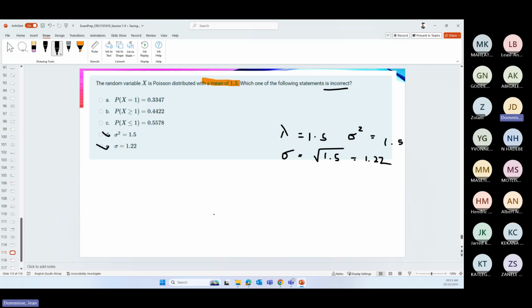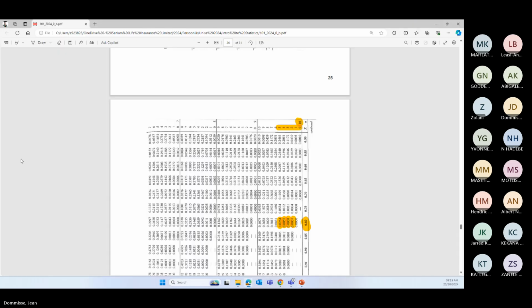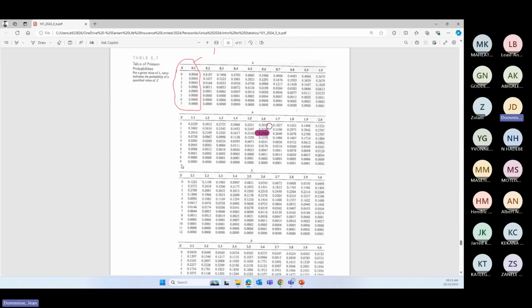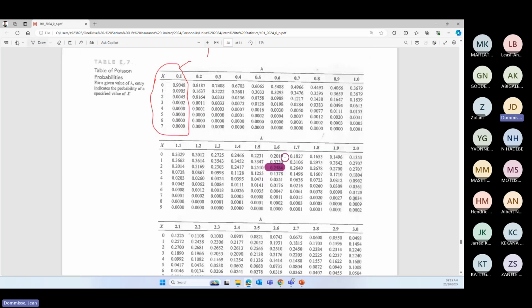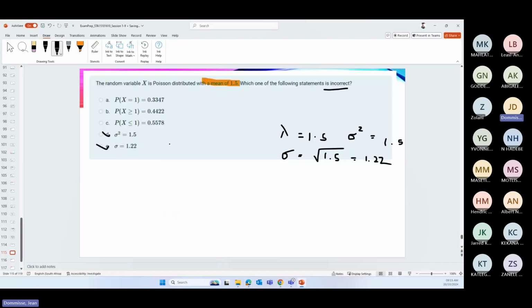So then we will need to go to the Poisson table. Let's check the Poisson table of 1,5. So we are going to work with this one, 1,5.